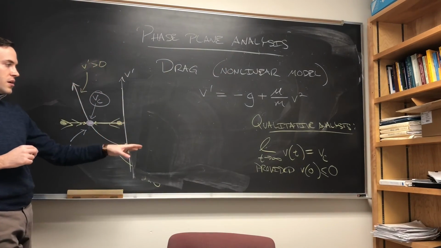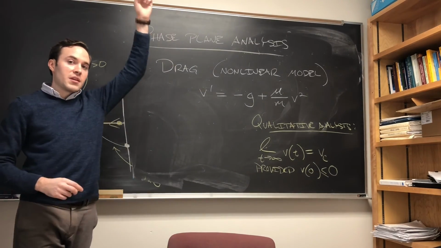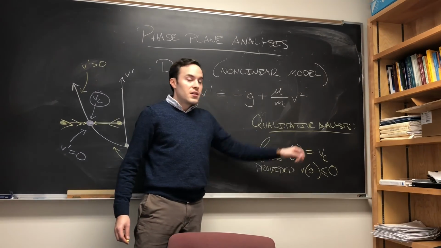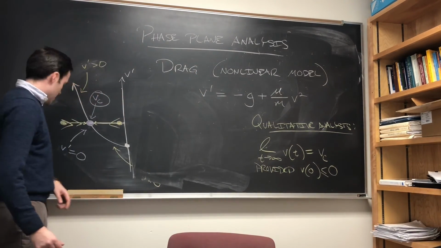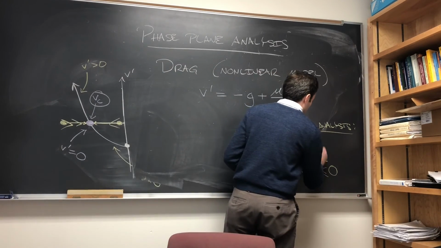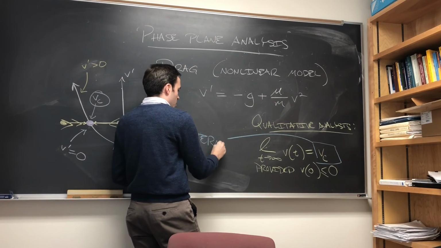And so as long as your initial velocity is non-positive, so this thing's not flying up into the air initially, then your limit is going to be your critical velocity. Now, I've called this thing a critical velocity a bunch of times. You probably know it as something else. This is really what we would call the terminal velocity.